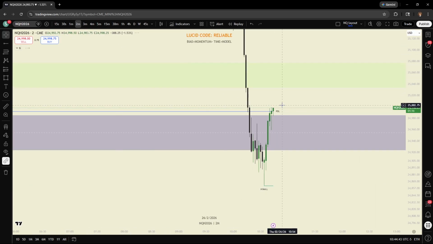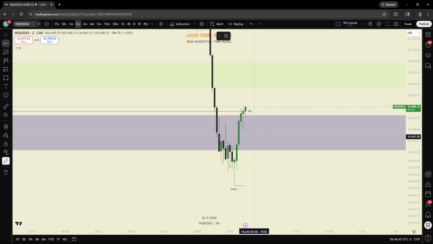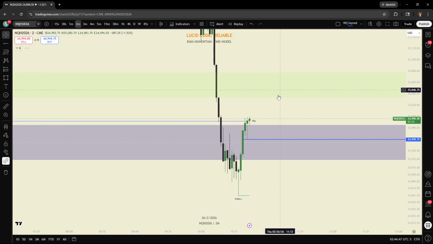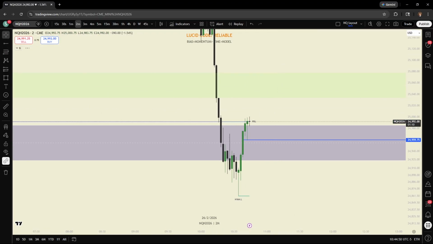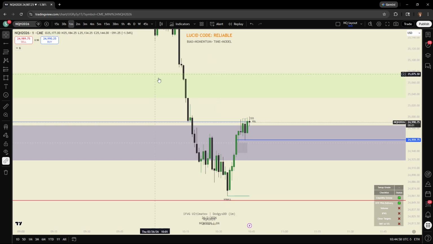Because genuinely, if you're in a long here, your stop should be here. There's no reason for price to come back to this low because we used it to balance a 2 minute inefficiency, and this is now considered efficiently traded price action. And there is a very obvious order block that we just put in, so there's really no reason to come back there.